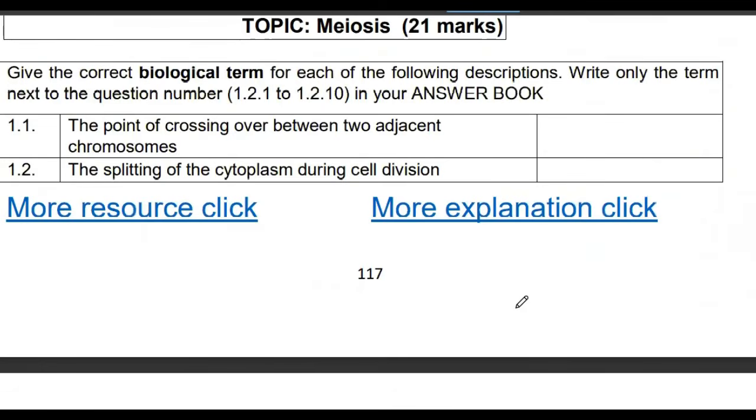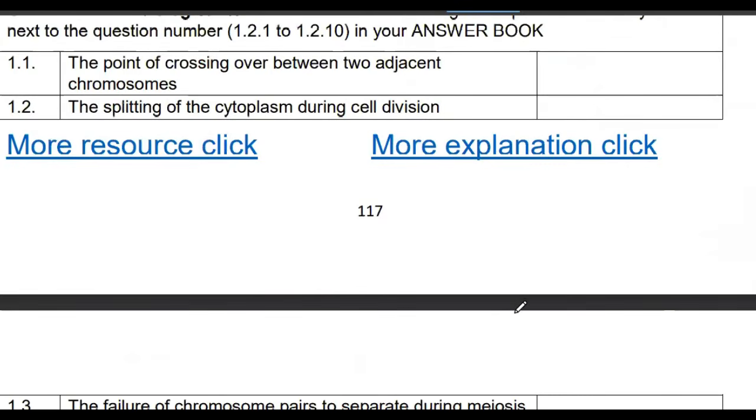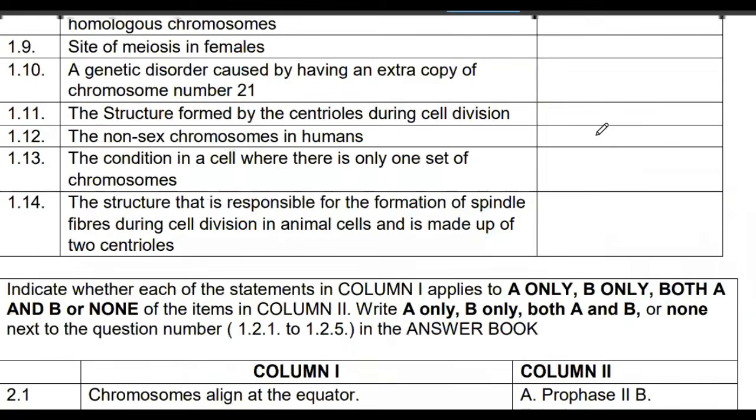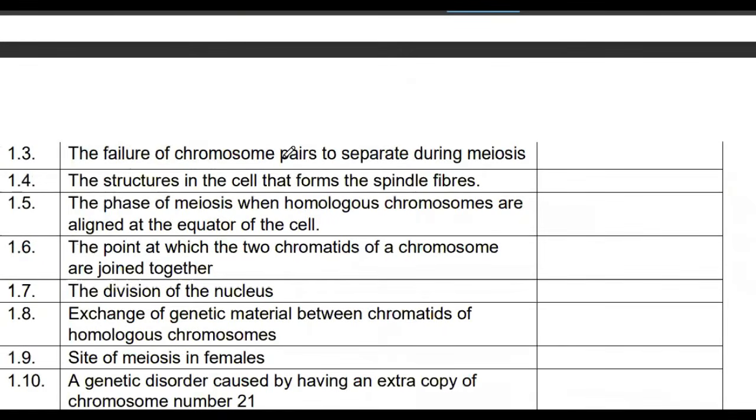So when you go to meiosis, there is a point where crossing over takes place. We call it chiasma. Splitting of the cytoplasm, we call it cytokinesis. Okay, we can answer them. Failure of the chromosome to separate during meiosis, the non-disjunction.